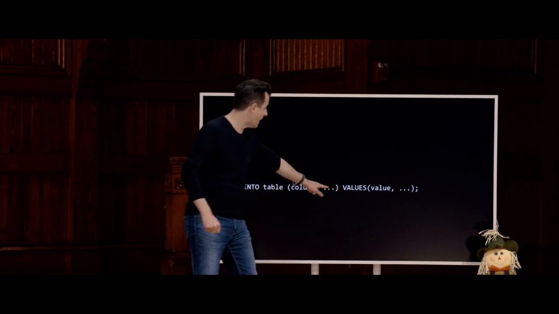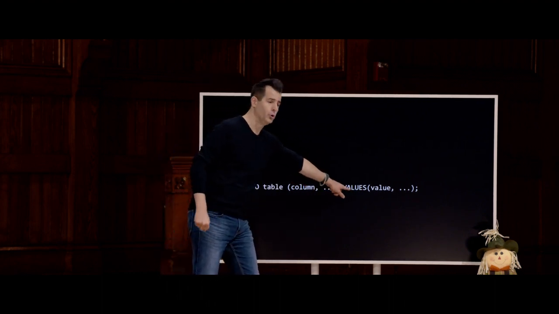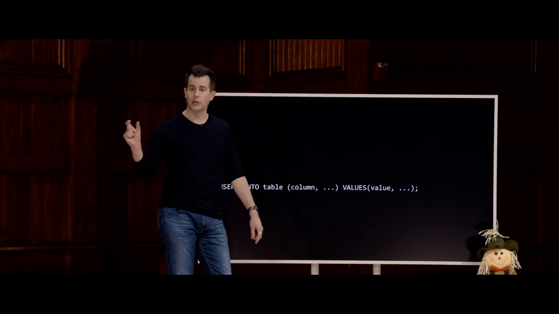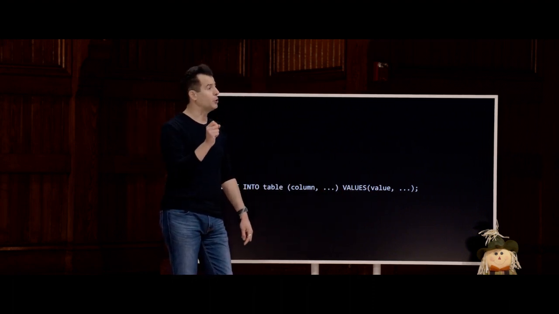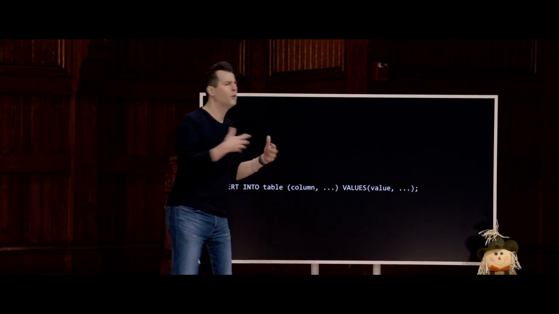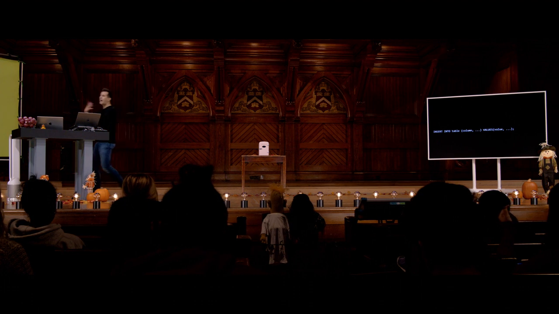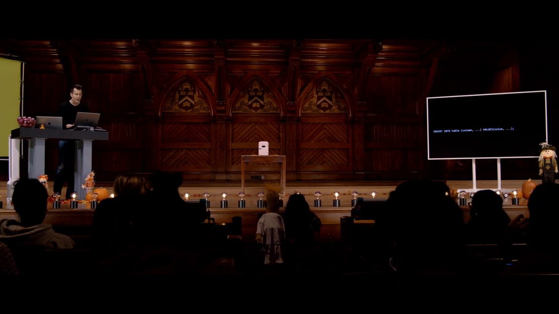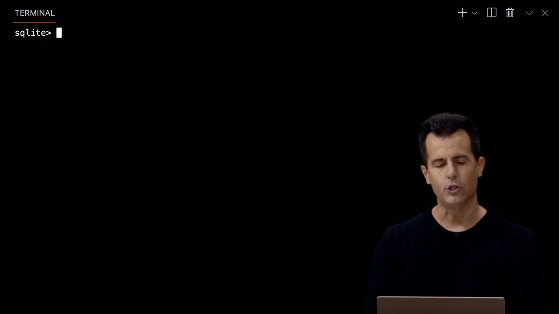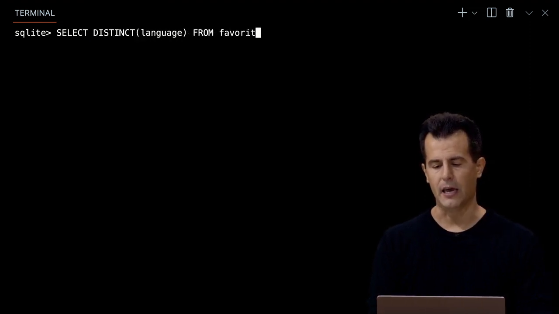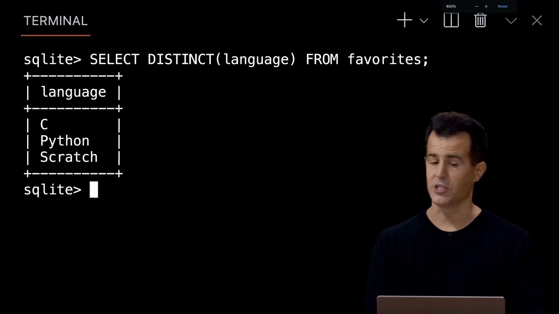So you literally say, after the close parenthesis, values. And then in a second set of parentheses with the same length comma separated list, you specify what values you want to insert. So it's a little verbose. And frankly, longer term, you're going to use Python code to automatically do these kinds of insertions. But let's go ahead and try this. Right now, if I do select distinct language from favorites again, we see just these 3 candidates.